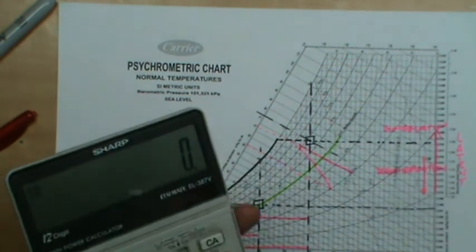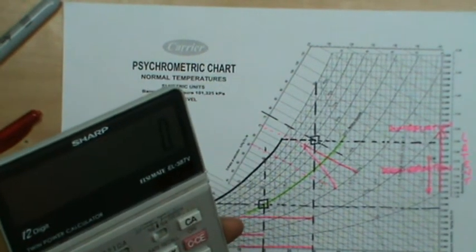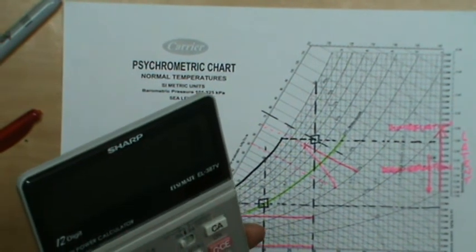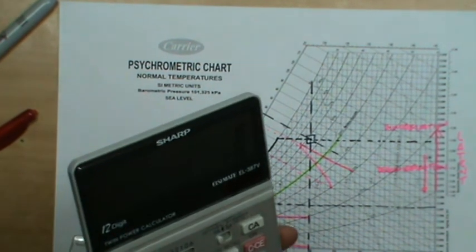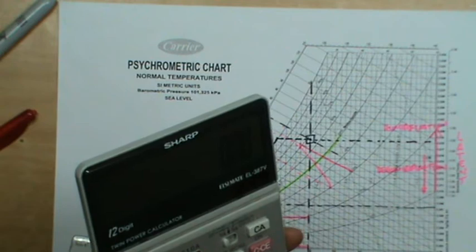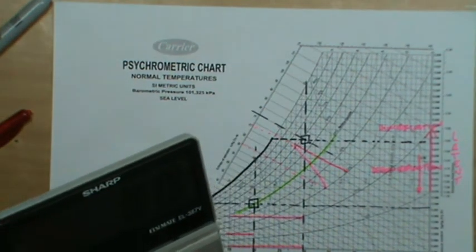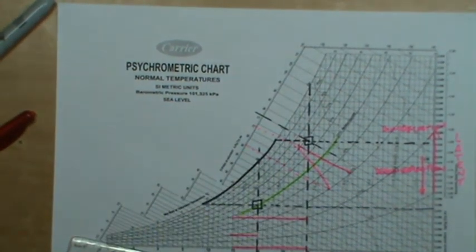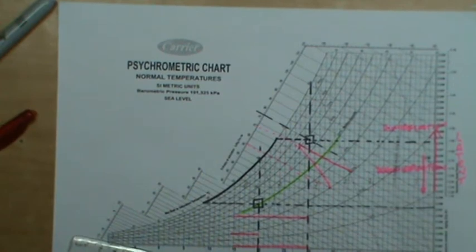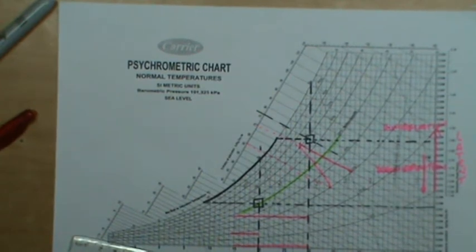We've got 0.018 minus 0.0072. We have had a change of 0.0108 kilograms per kilogram of dry air.